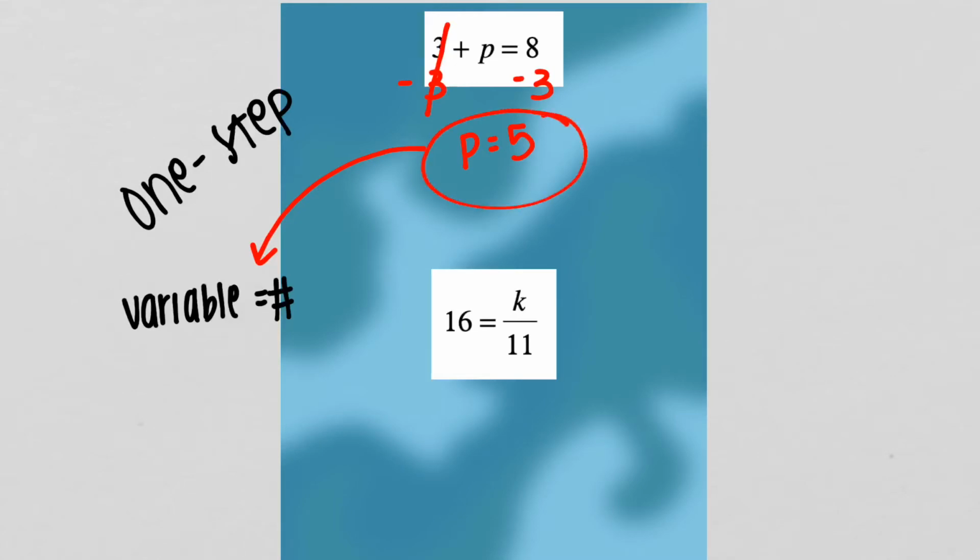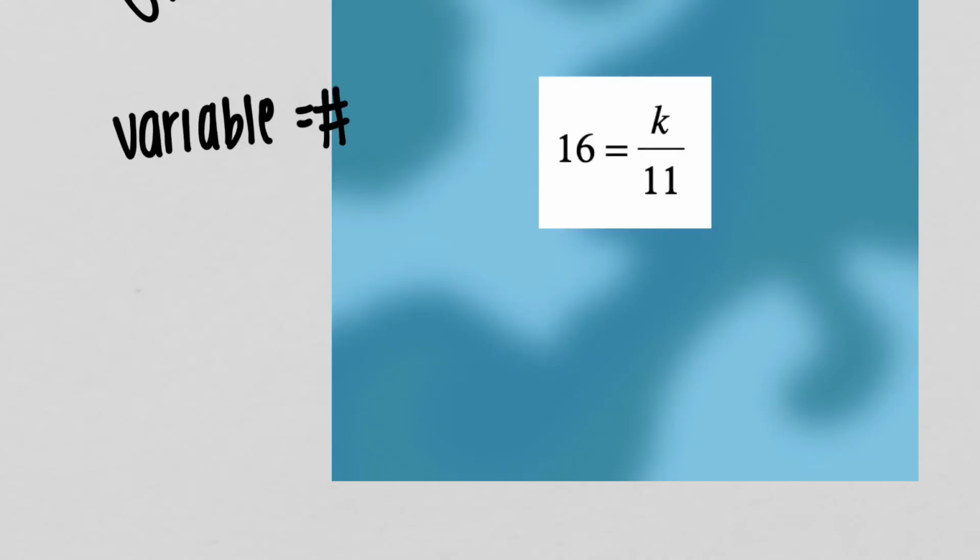This is your answer. So now this bottom one is a little bit different. We want to get that k by itself. And remember, in the last video, I told you a fraction is just a division problem. So we have division here, and remember, to undo it, we want to use its inverse. So the inverse of division is multiplication.